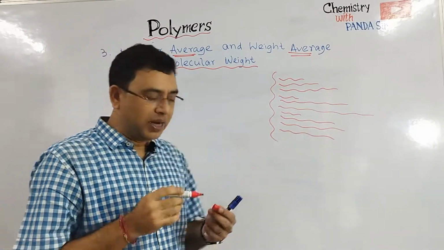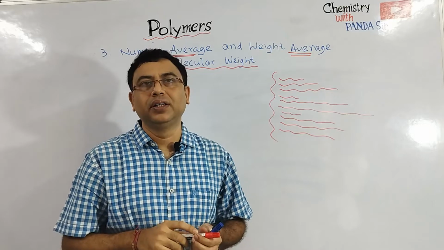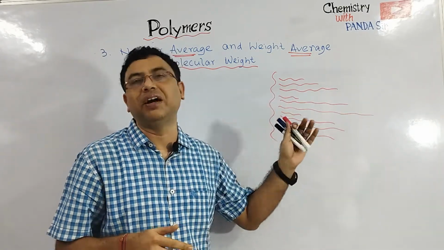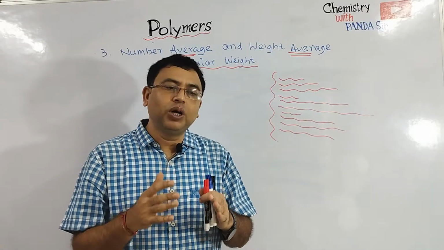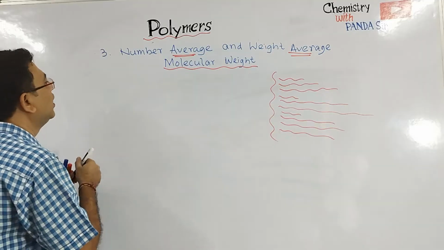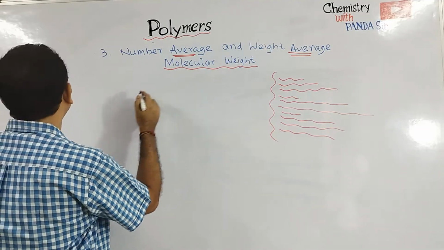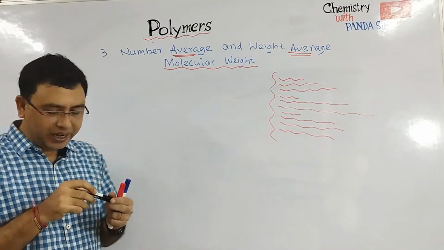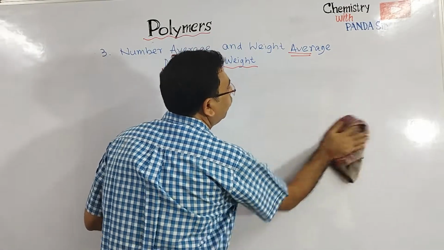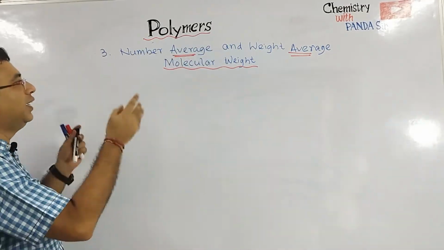Now when we are calculating molecular mass, we take the average molecular mass. I just told why we need the average. Average molecular mass again is of two types. One is known as number average molecular mass, and then we are going to discuss the weight average molecular mass and their relation.